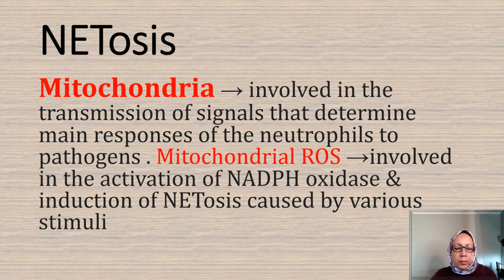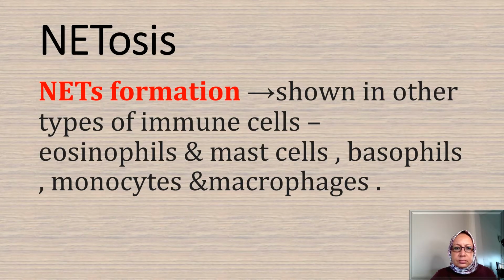So mitochondria play an important role in the process of NETosis. Net formation has also been shown in other types of immune cells, not only neutrophils, for example, eosinophils, mast cells, basophils, monocytes, and macrophages.